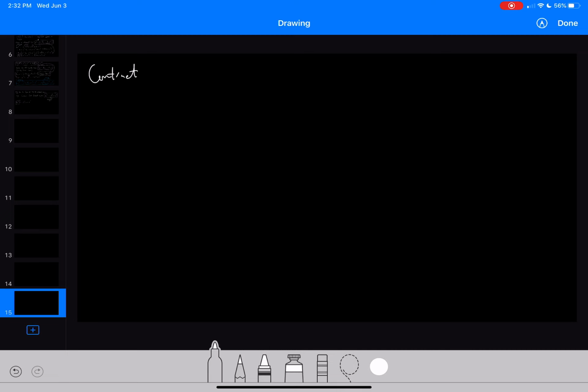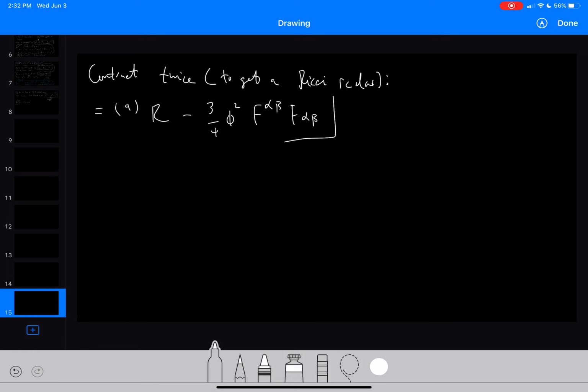So let's contract twice to get a Ricci scalar. And indeed, when you do those two contractions, you get the 4D Ricci scalar minus 3/4 phi squared, f_alpha beta f^alpha beta.